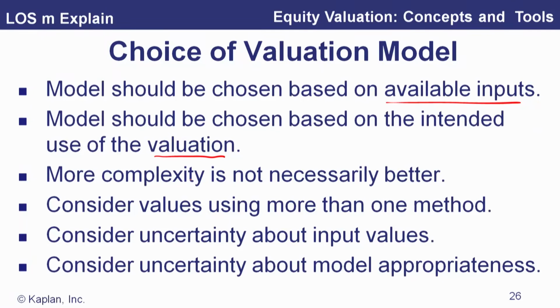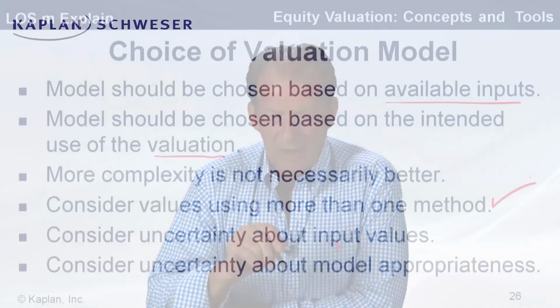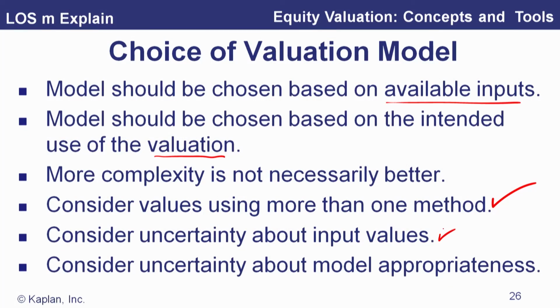Consider values using more than one method. I'll put a big check mark there. I'm a fan of that. Why not? Let's look at all the different methods. If you're getting overvalued with one method and undervalued with another, I don't think you want to make an investment until you can reconcile those two and understand why they're different, what each one is telling you. Consider the uncertainty about your input values.